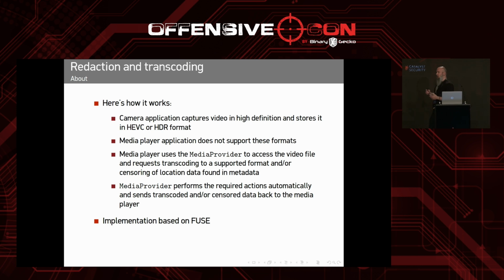So it can request that the media provider transcodes those high-definition videos to lower-definition videos. And at the same time, it can request that any sensitive information in the media files is replaced by zeros. And the media provider can do that transparently while the actual content of the media file is being streamed to the original caller. The implementation, of course, is based on Fuse.